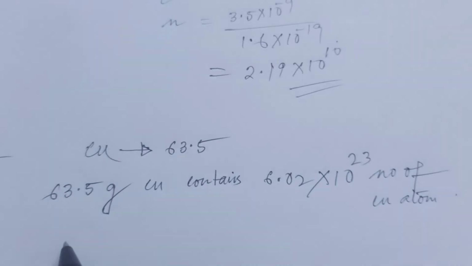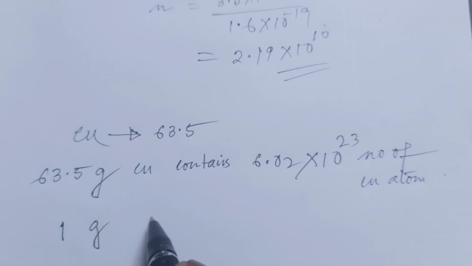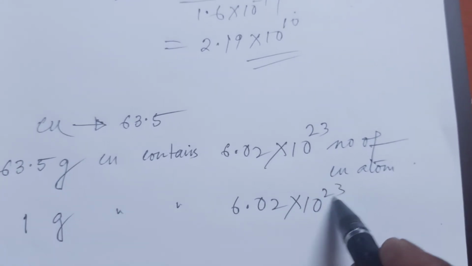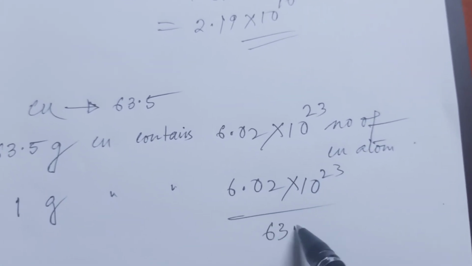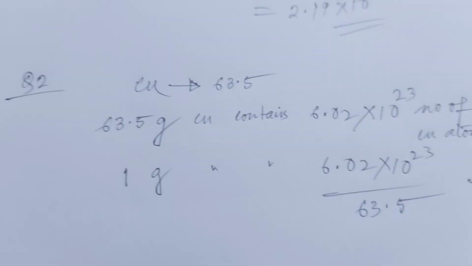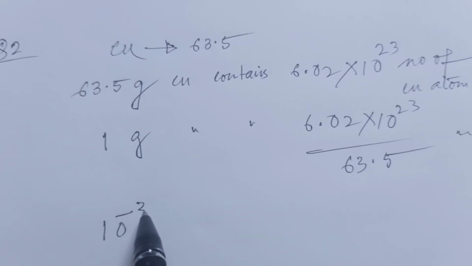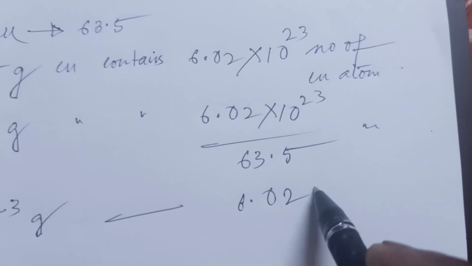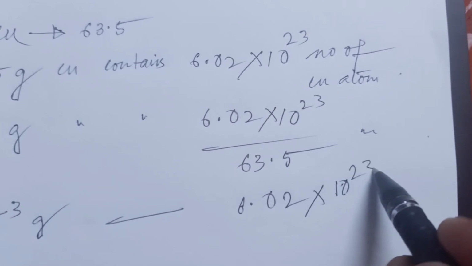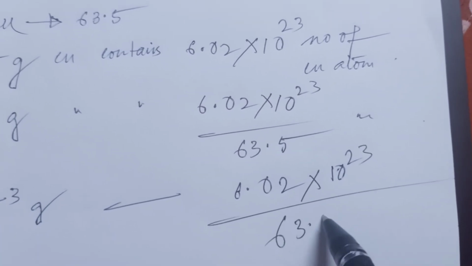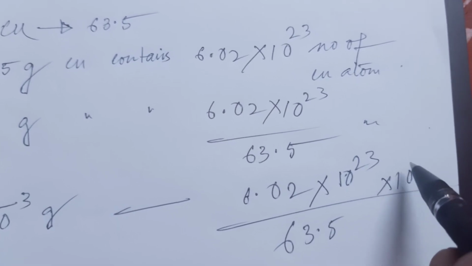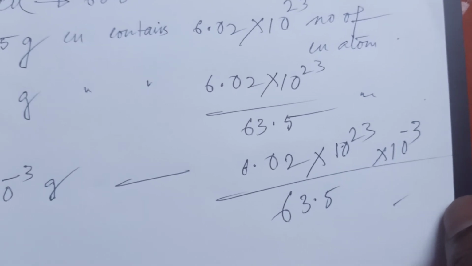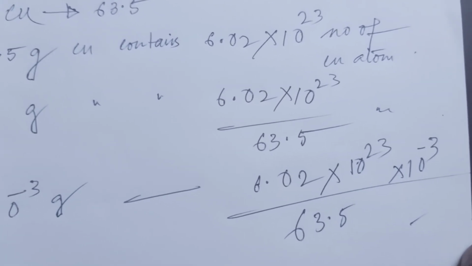So 1 gram copper contains 6.02 into 10 to the power 23 divided by 63.5, and 1 milligram means 10 to the minus 3 gram. So 10 to the minus 3 gram contains 6.02 into 10 to the power 23 divided by 63.5 into 10 to the power of minus 3 atoms.